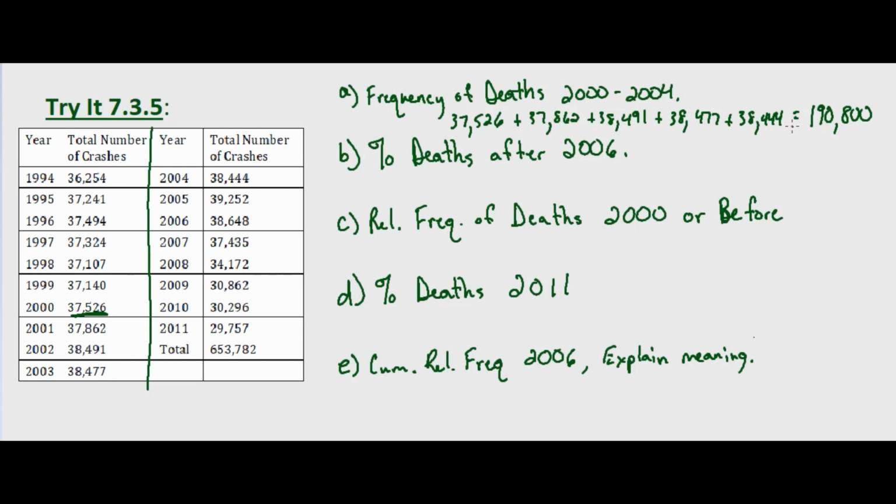The second part asks us for the percentage of deaths after 2006. So if we're looking at 2006, we want everything after that: 2007, 2008, 2009, 2010, and 2011. It's going to be the sum of the frequencies of those years divided by the total, 653,782. So first we find 37,435 plus 34,172 plus 30,862 plus 30,296 plus 29,757.